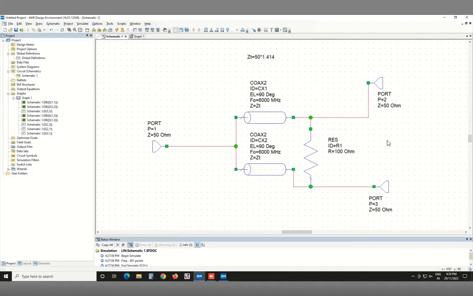Okay, so now let's see how to check some of the assumptions we made.